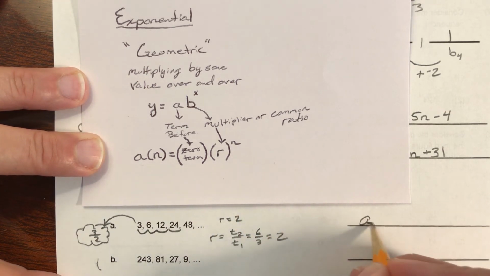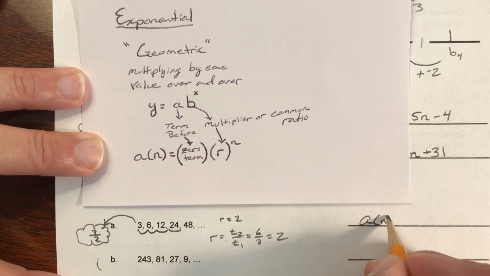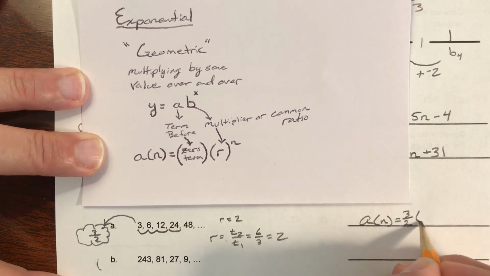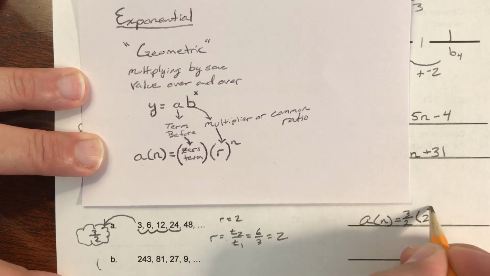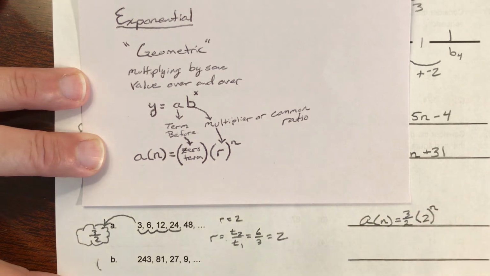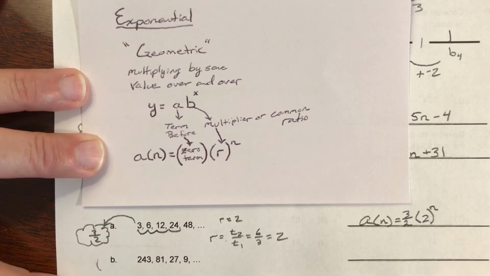So our formula, a of n, should be equal to 3 over 2, which is our zero term, times, in parentheses, the multiplier, which is 2, and the exponent we'll use n. That's it. So if we know the multiplier and the term before, we've got the equation.